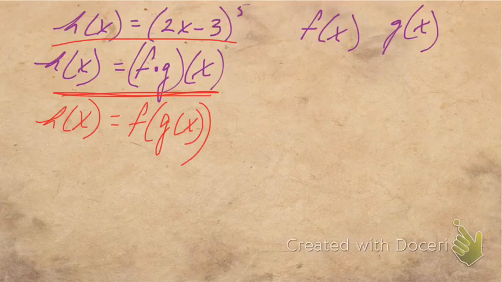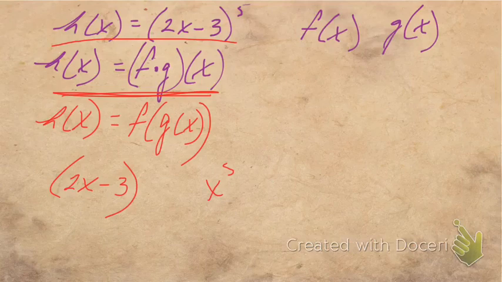So now I'm going to look at my h of x, and figure out what I had to do to get there. Well, I had to take a 2x minus 3, and I had to substitute that in for x to the 5th power.